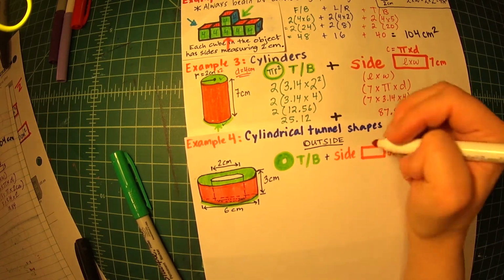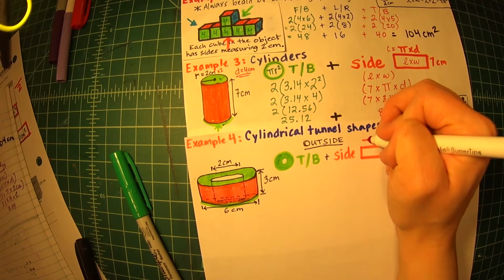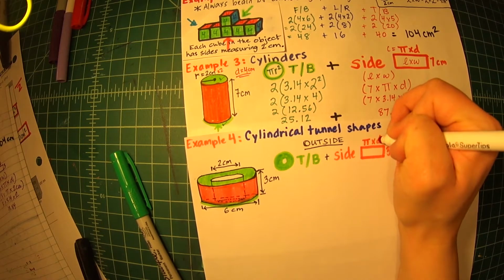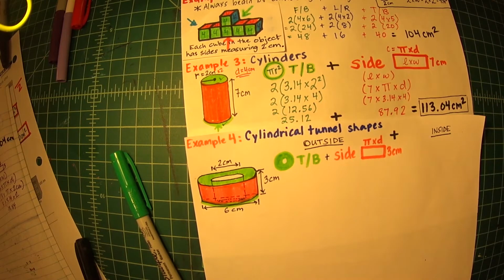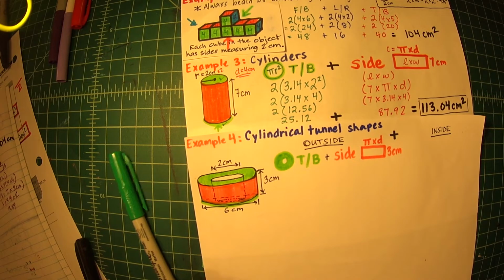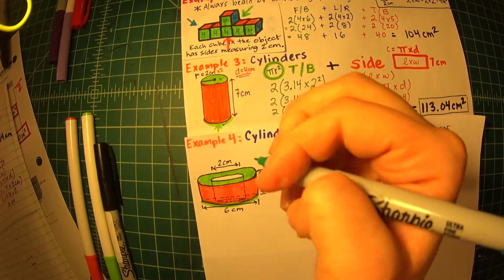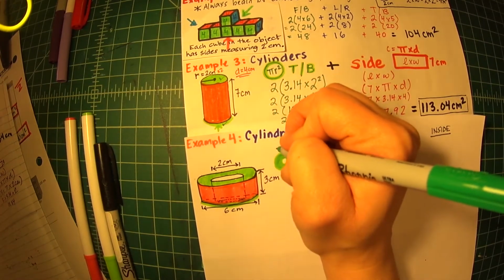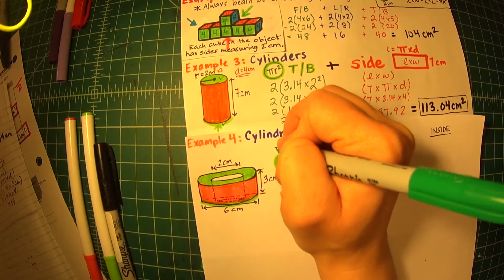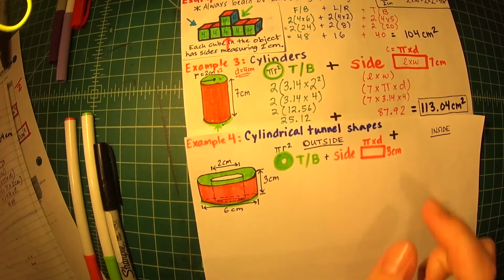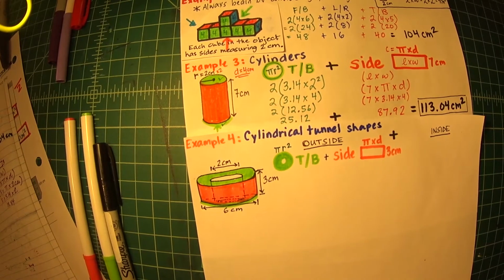So how do we find circumference? Just like we said yesterday, we just go pi times diameter. And the formula for finding area of circles is just pi times radius squared. So we've got our formulas there.